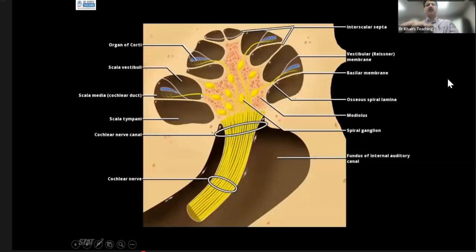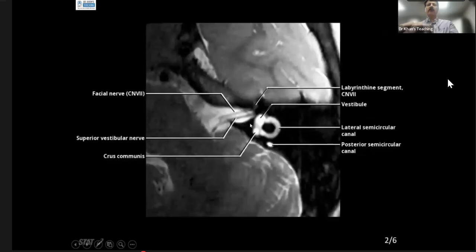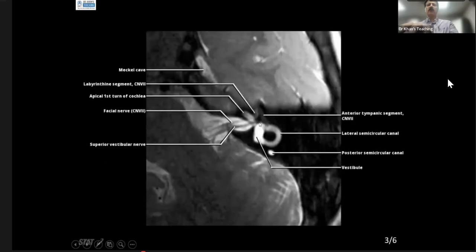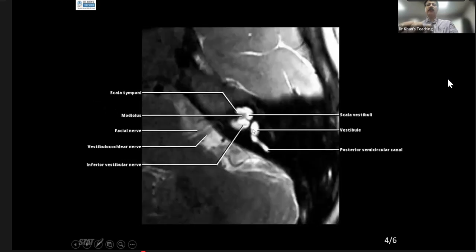So this is a diagram that shows you the microscopic structure of the cochlea and the nerve going in. So this is the flower we are talking about, a few MR sections. Now, here, this is the lateral semicircular canal, and this is the flower, which is the cochlea.